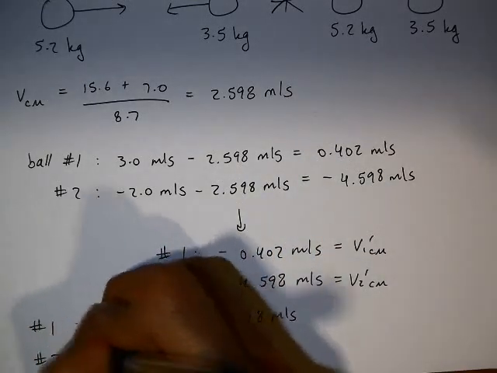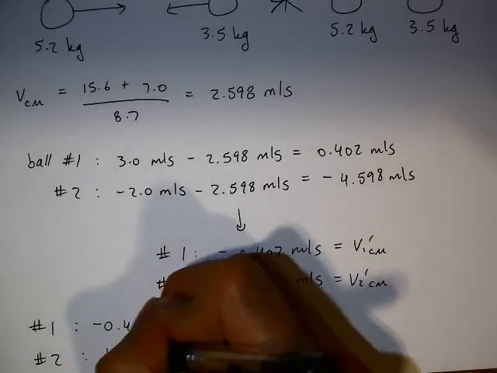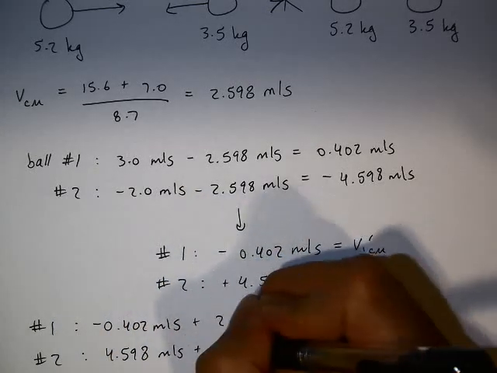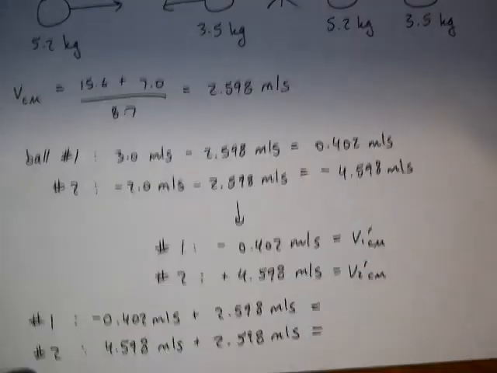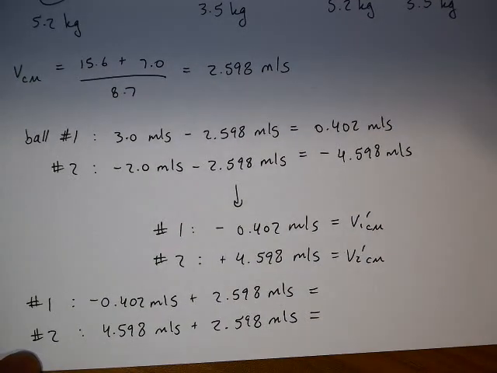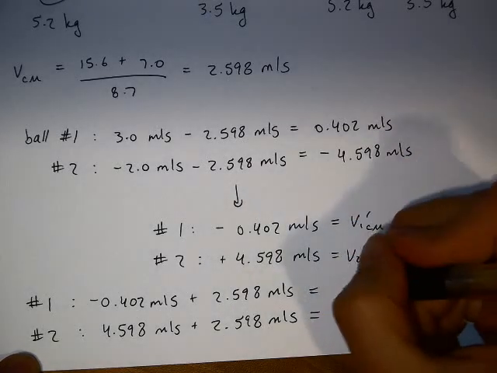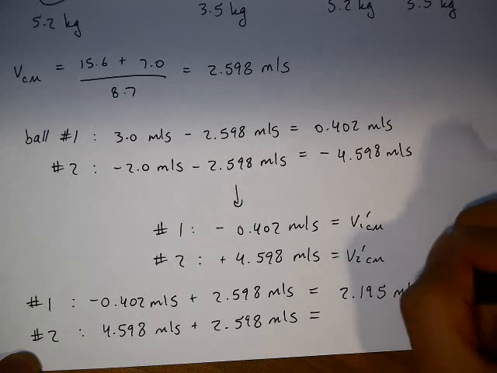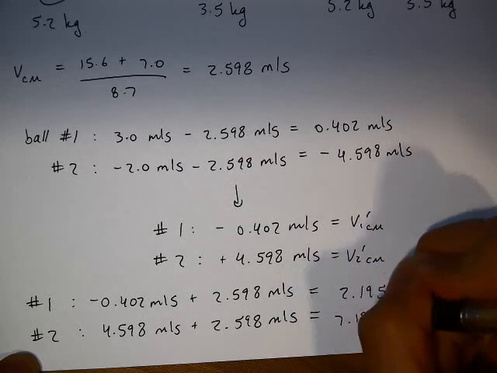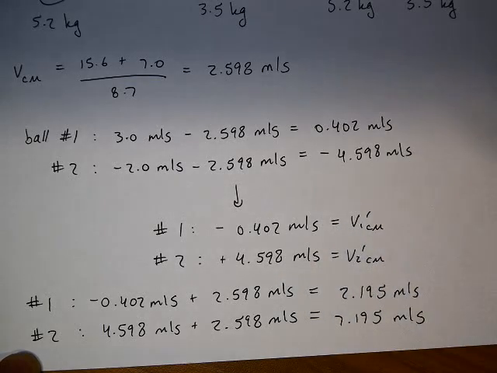And for ball number 2, we're at 4.598 meters per second, and we add 2.598 meters per second, and we get 2.195 meters per second and 7.195 meters per second.